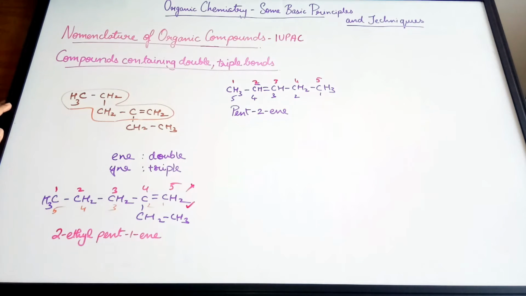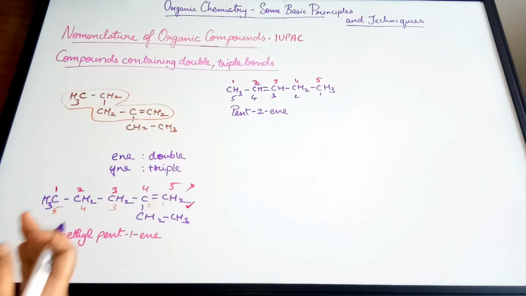Remember, when we talk about alkenes and alkynes, when we name it, the locant for the double bond will be the previous atom. Suppose the double bond is between the fourth and the fifth carbon atom, then we'll be writing it as 4 whatever, ene or yne. And if it's between the second and the third, it'll be 2.